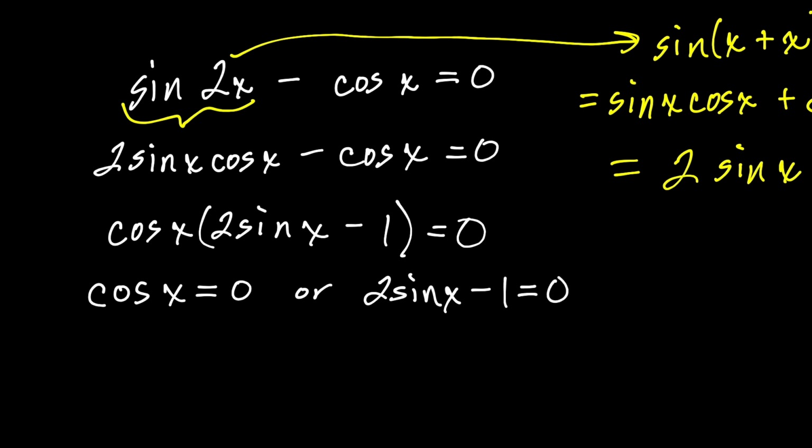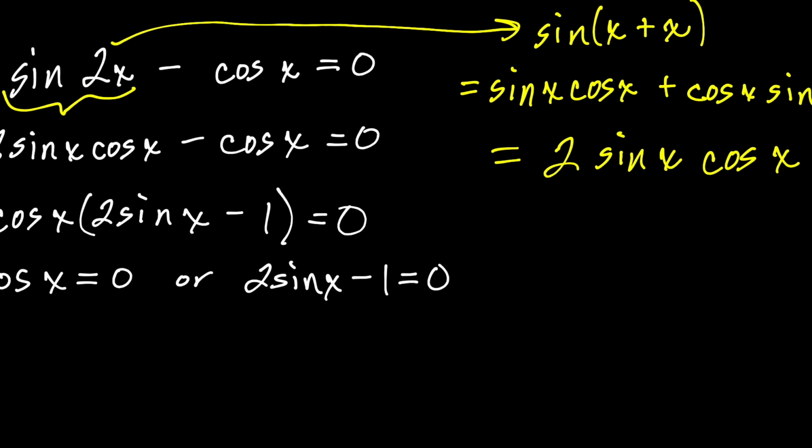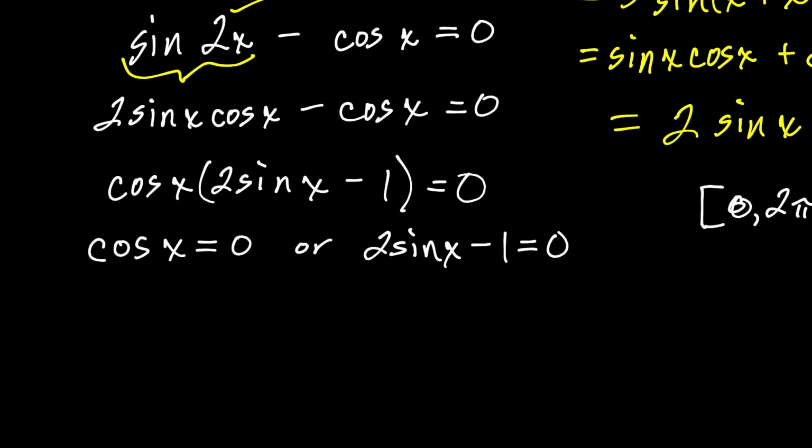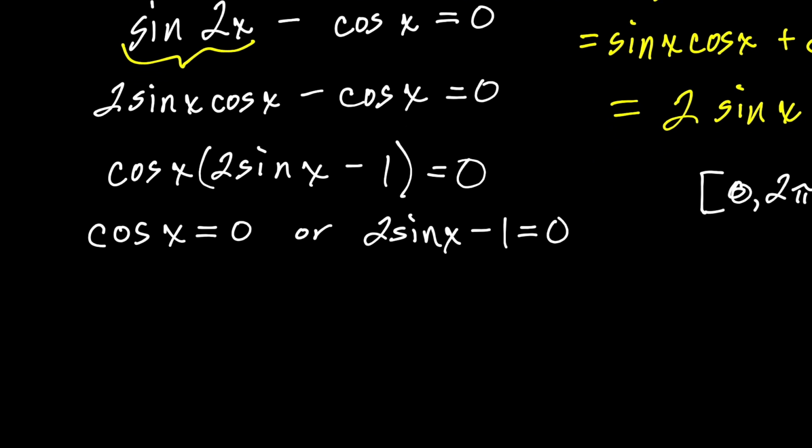So cosine of x equals 0. I didn't give us a domain. Say the domain is 0 to 2 pi, which is what a lot of these usually are. So 0 to 2 pi, and so x, where is cosine equal to 0? That would be at pi halves, or 90 degrees.